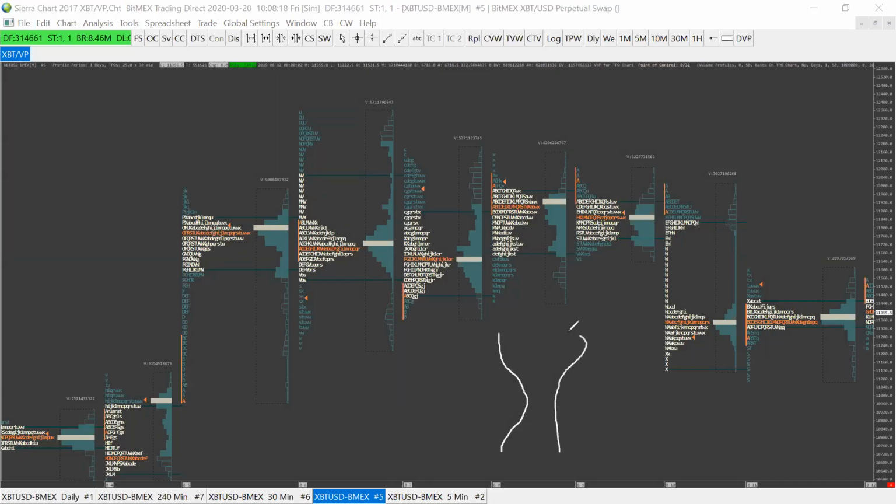You've got what's called a P-shaped day, a B-shaped day. These are sometimes referred to as short covering or long covering rallies, which I'll explain later, in which the bulk of the volume is traded at one extreme or the other, a bit like this day here. It's a P-shaped profile.